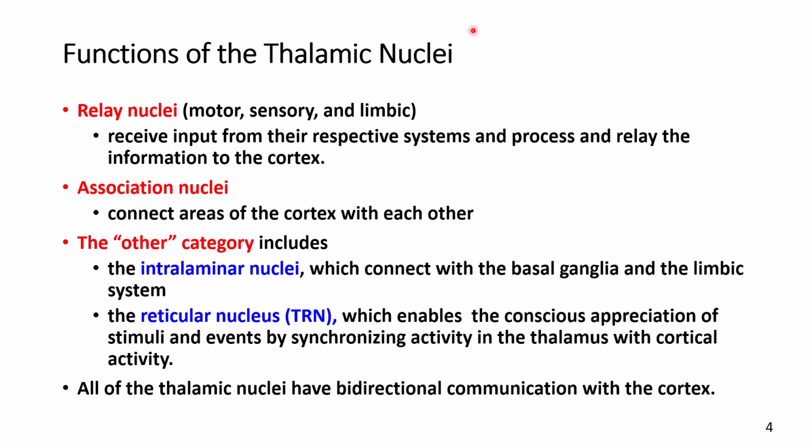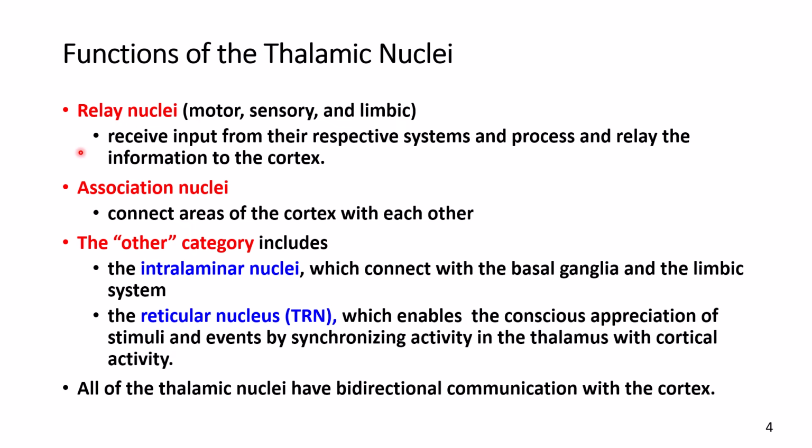The thalamic nuclei are divided into three different groups. One is relay nuclei, the other one is association nuclei, and the third one is the other category. They couldn't find any better name, so they put it as the other category.